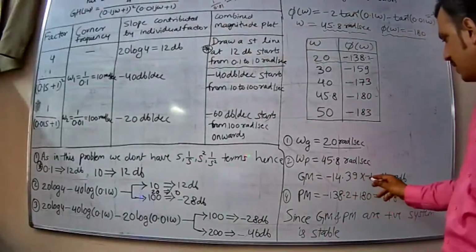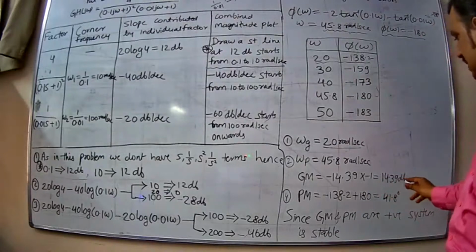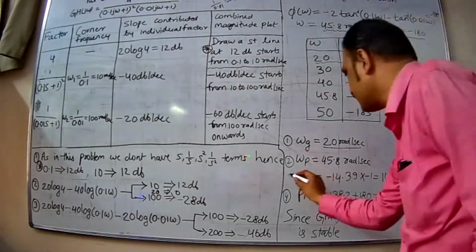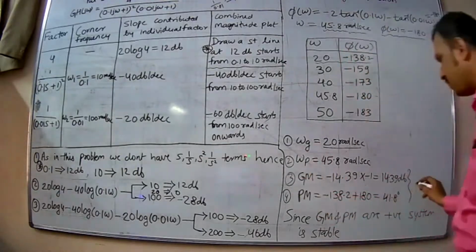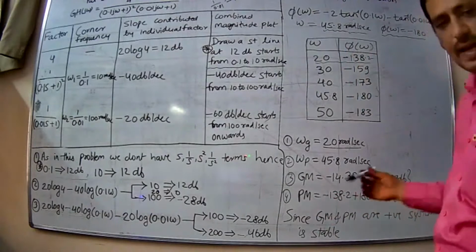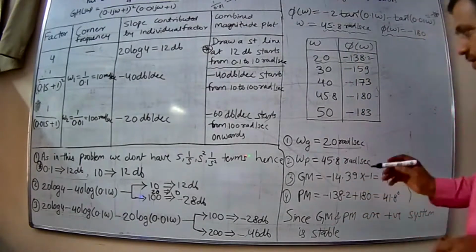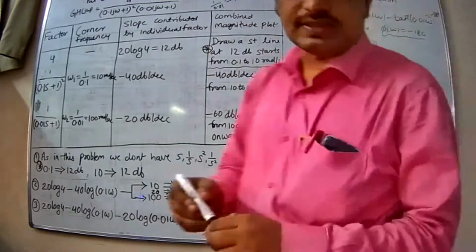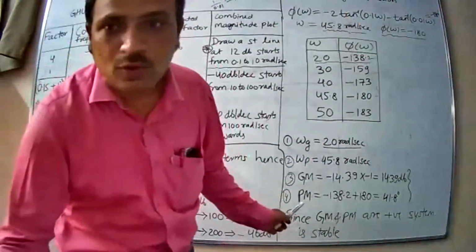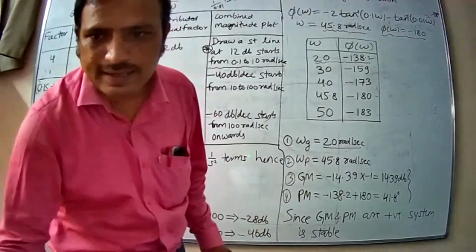If you multiply this 14.39 by minus 1, then we are getting 14.39 dB. If these two values are positive, the system is stable. If any one value is negative, then the system is unstable. This is regarding this calculation, and in the next video I will show you how to draw the graph by taking all this data.